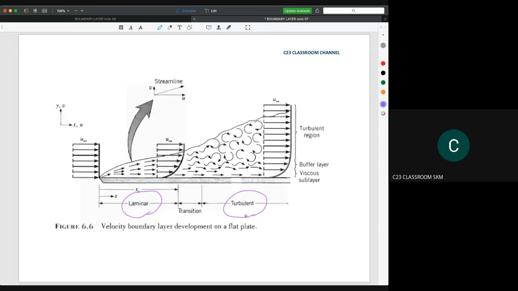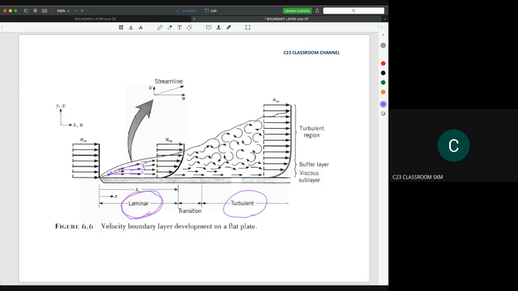In the laminar boundary layer, you should agree that the velocity distribution occurs in a quite smooth streamline.